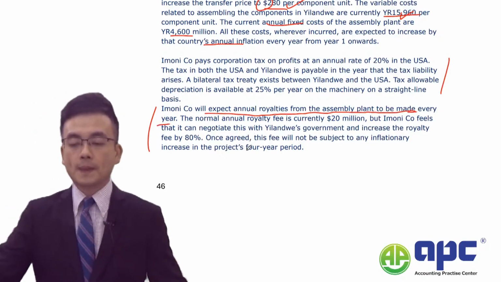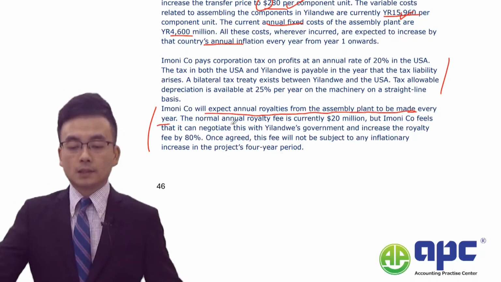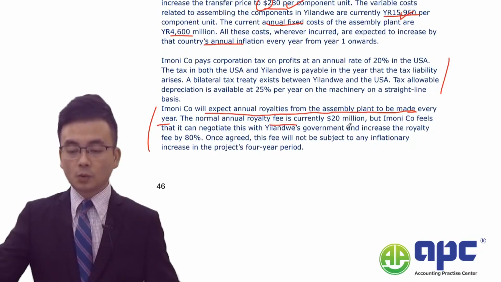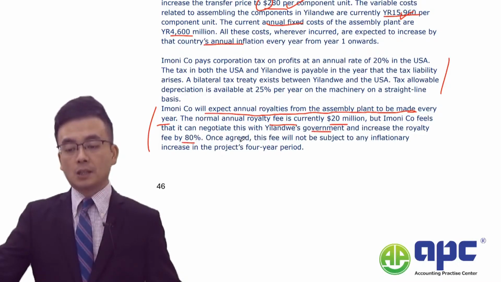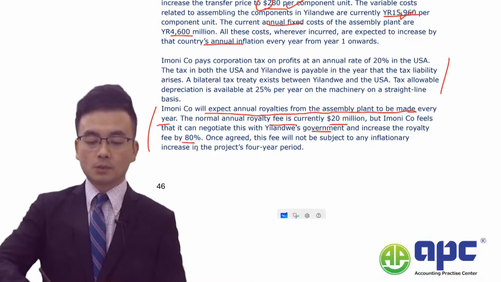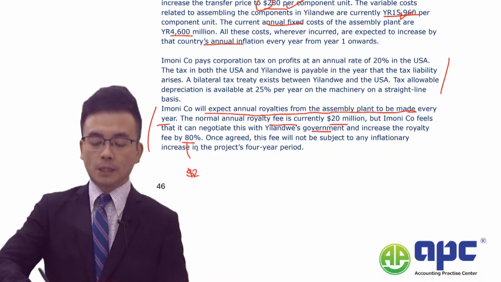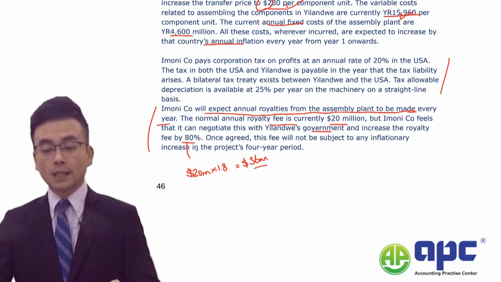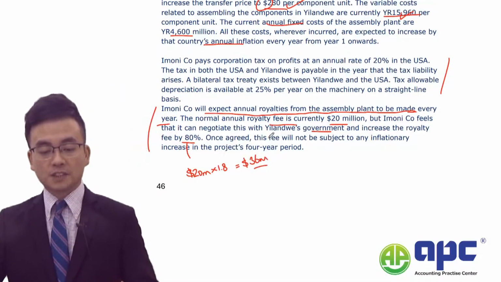The normal annual royalty fee is $20 million, but our company feels that it can negotiate with the government and increase the royalty fee by 80%, which means 20 million timing by 1 plus 80%. So we'd like to take 20 million timing by 1.8, and that would give me 36 million for royalty, and not subject to any inflation over the next 4 years.